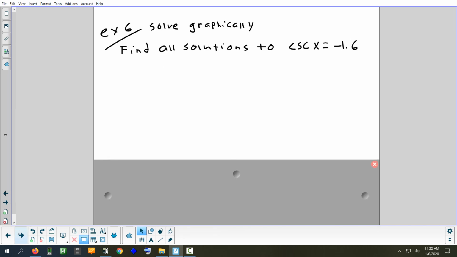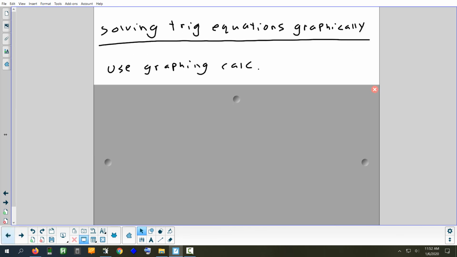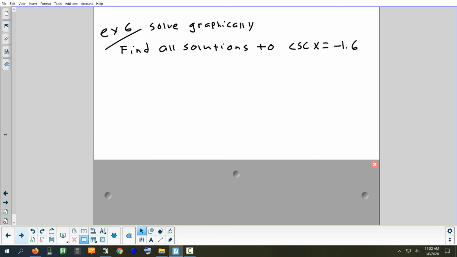All right. So, last thing is solving a trig equation on the calculator. Without even me showing you the steps, how do you think you could solve that? Figure out where the x-intercepts are, or the zeros are. Oh wait, no. Not intercepts.